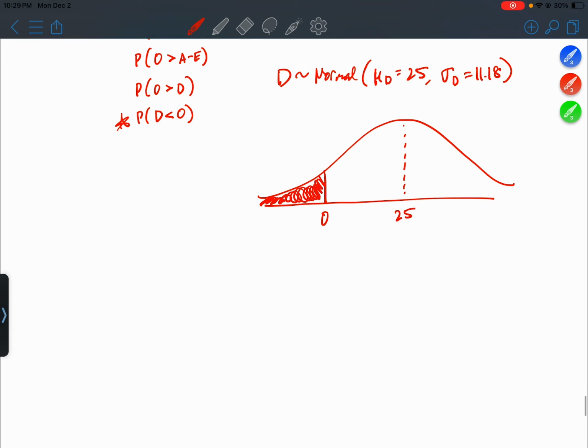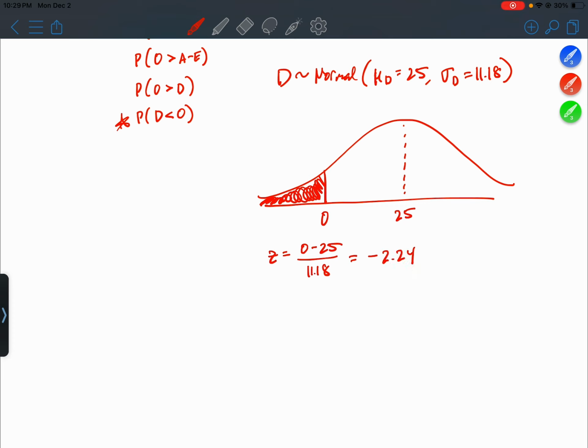Since this is an FRQ problem, we want to show all our work, meaning we want to first standardize our boundary value. So 0 minus 25 over 11.18, and that's going to be a negative something. Negative 2.24.